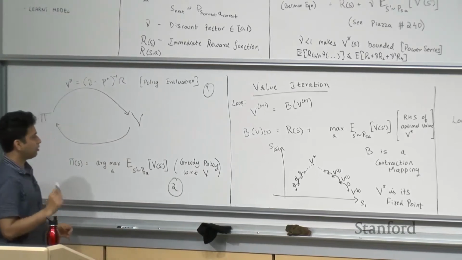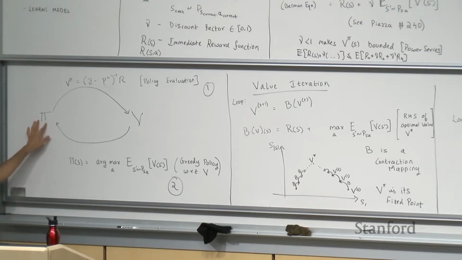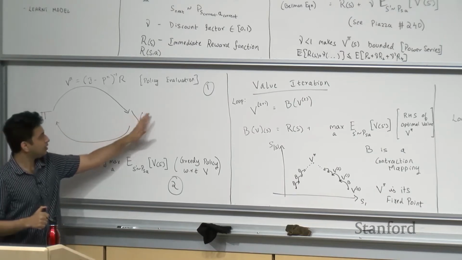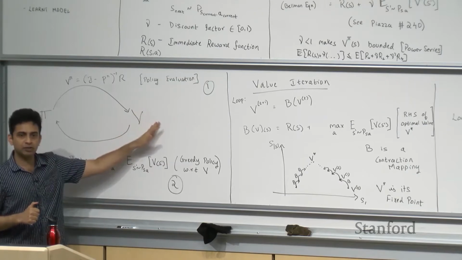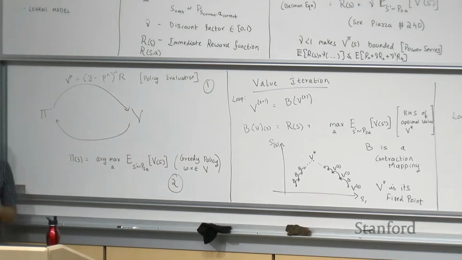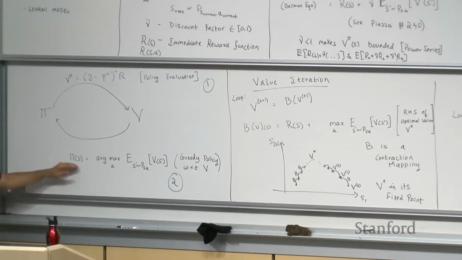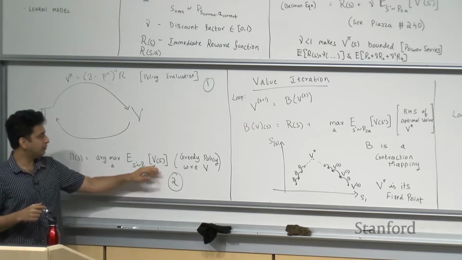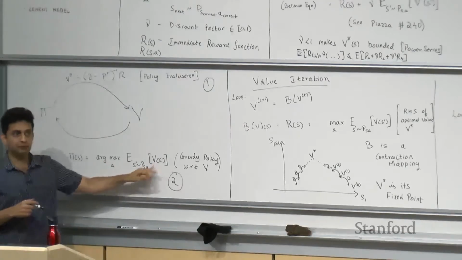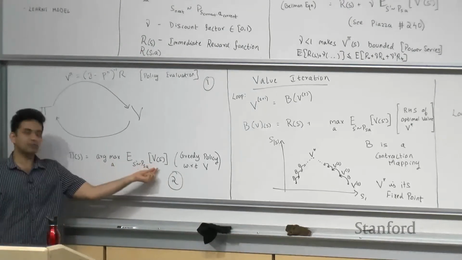A subtle point to note is that given a policy, we get a corresponding value function associated with this policy. However, a subtle point which may not be obvious at first sight is that if we take this policy pi that was induced in this greedy way from this value function, and we follow this policy, the resulting value that we get is not this value function.